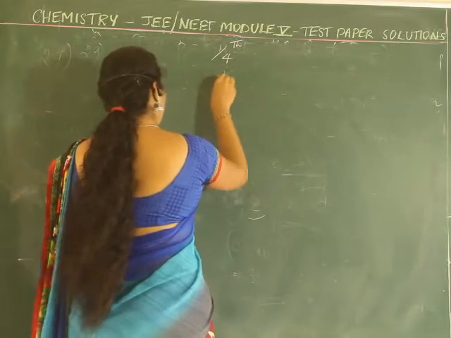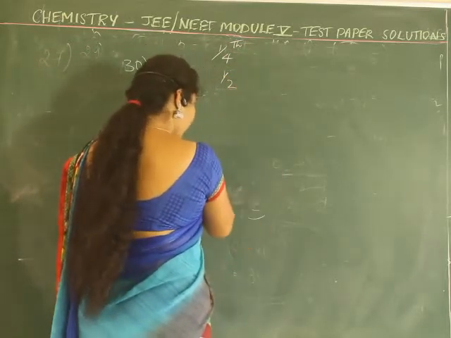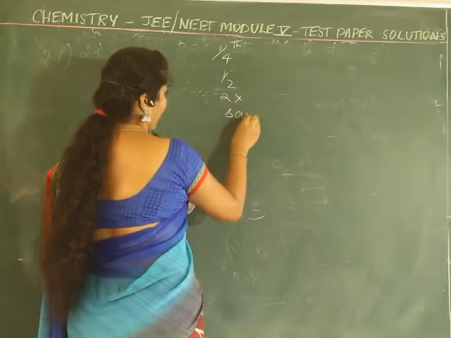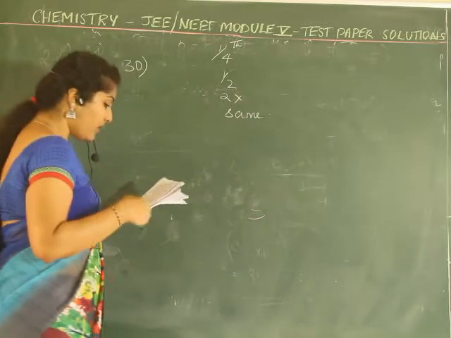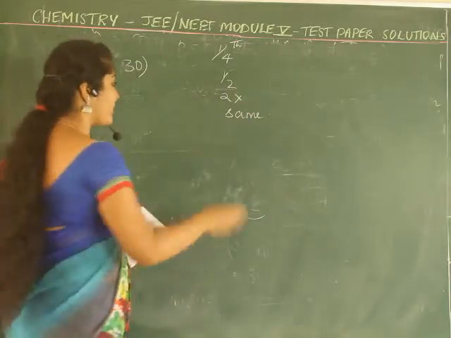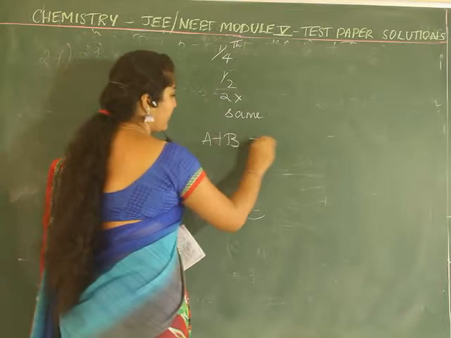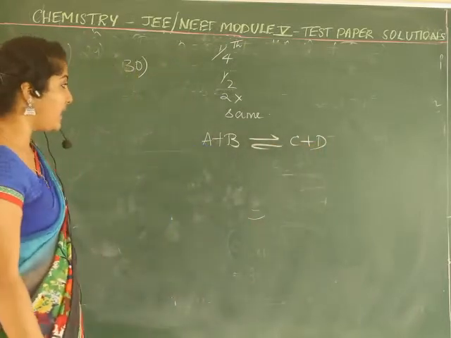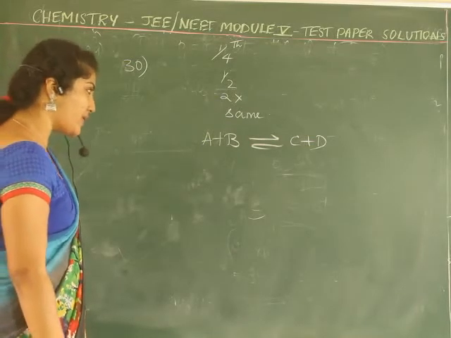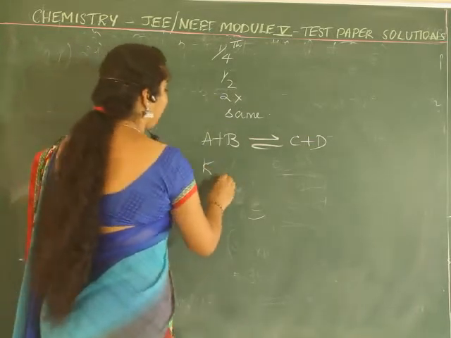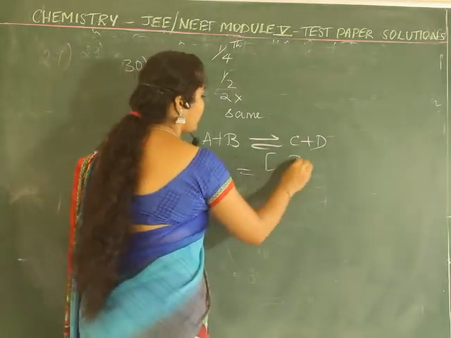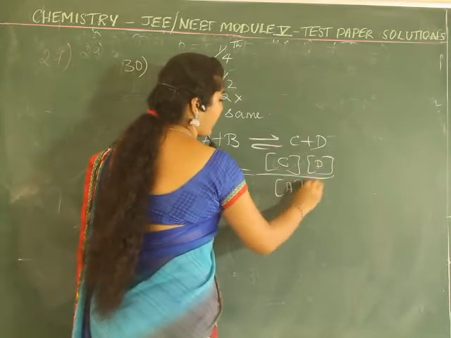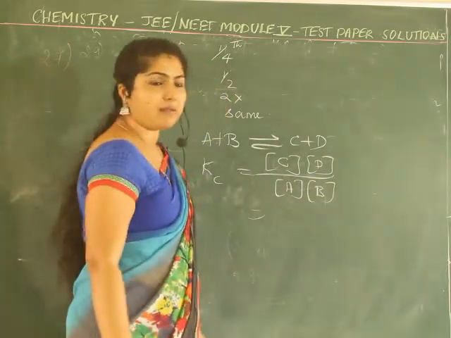Does it become 1/4, become half, become doubled, or remain the same? Let us consider a general reversible reaction, A plus B forming C plus D. The equilibrium constant is the molar concentration of C into D by the concentration of A into B, isn't it?